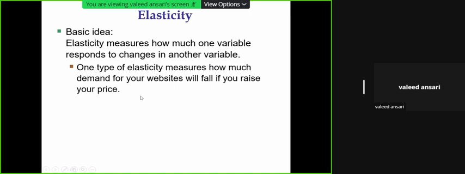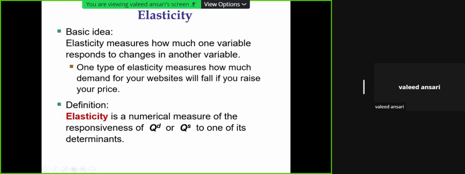Generally speaking, elasticity means the responsiveness of one variable to change in another variable. This is the general definition. For instance, there are two variables, price and quantity demanded.